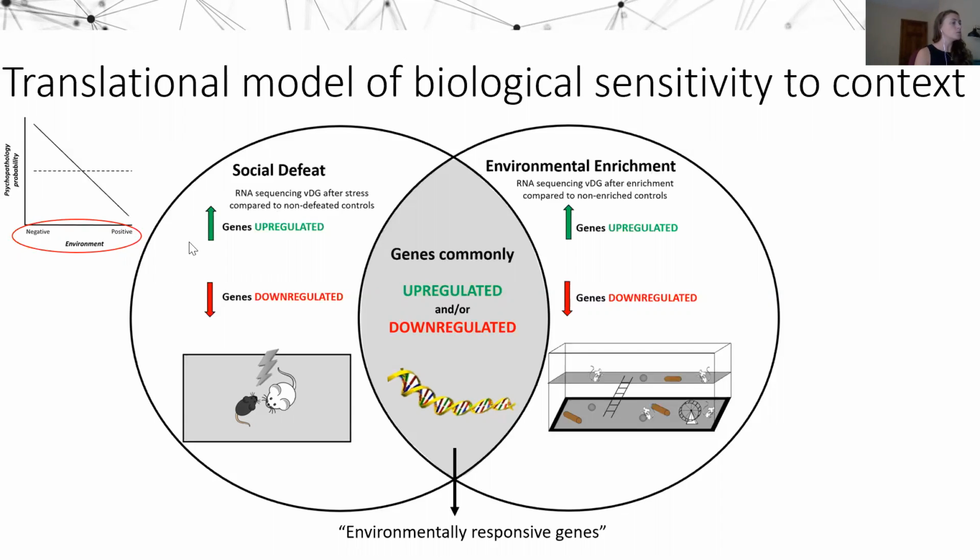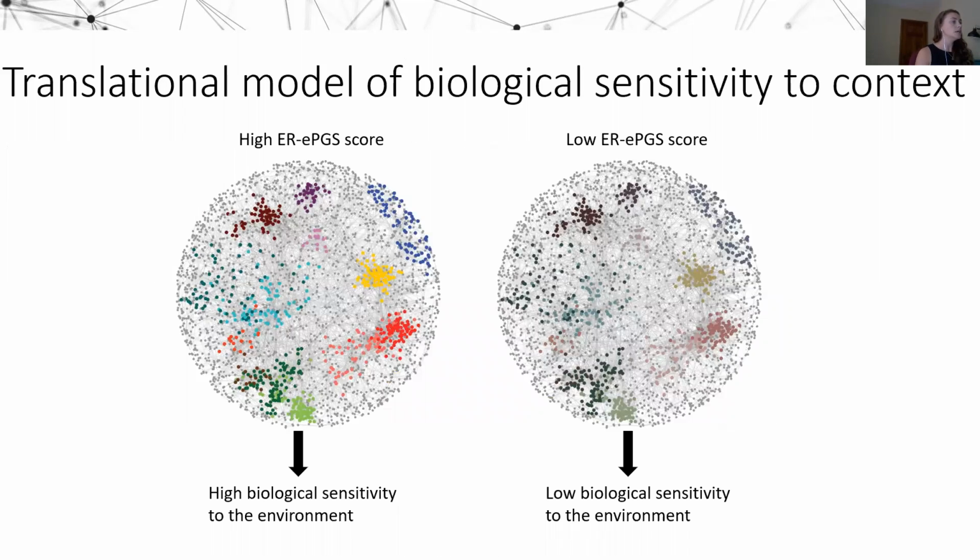In this experiment, we use the GWAS for major depression given the implications of social defeat in MDD. In the end, each individual received an environmentally responsive polygenic score, or ER-EPGS, as you'll see.